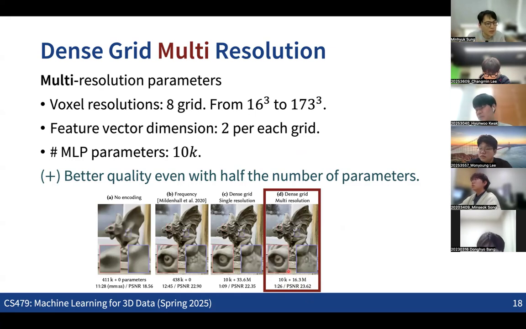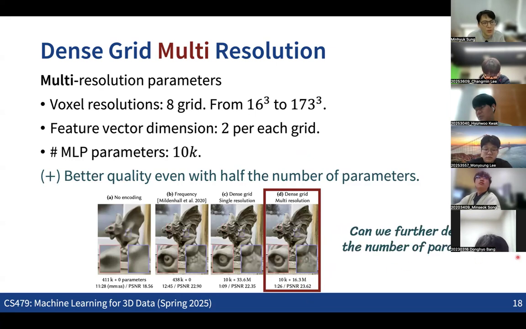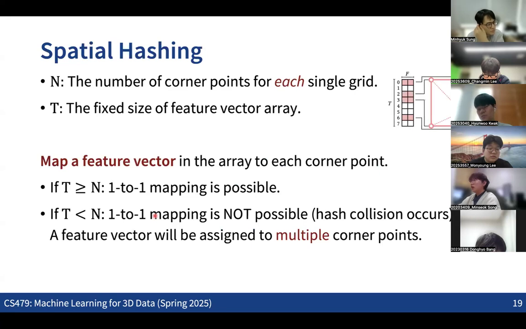Is there some other way that we can further reduce the number of parameters? It's all about compression, right, in terms of how we can compress all this information. I'm going to skip some details because of the lack of time. But the thing is that we can make a hash table. We can even allow some voxels to share the same feature.